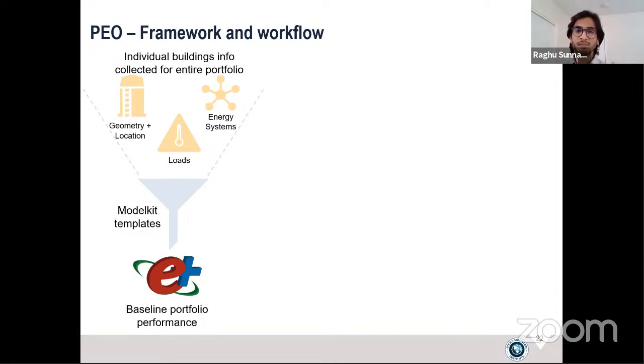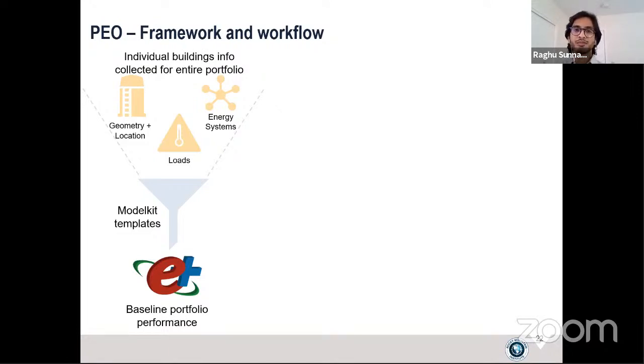In this context, what we mean by baseline is essentially simulating the current existing performance of the whole portfolio. So we generally gather information from the project owners, the portfolio owners, and the facilities team, gather enough information about all the loads in the systems.